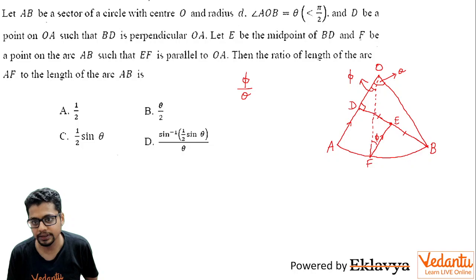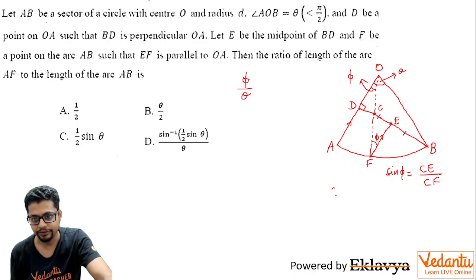Let me call this intersecting point, let's say, C. Then I can see that sine phi is equal to CE by CF. Now CF is essentially equal to OF minus OC. So OF is essentially the radius d, and what about OC?